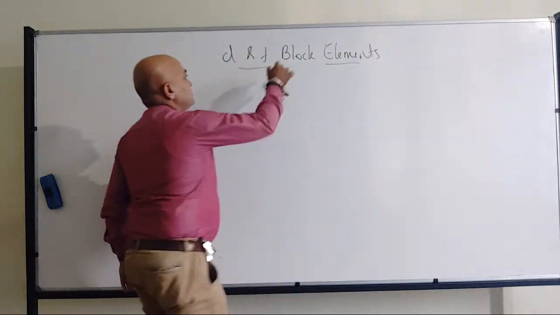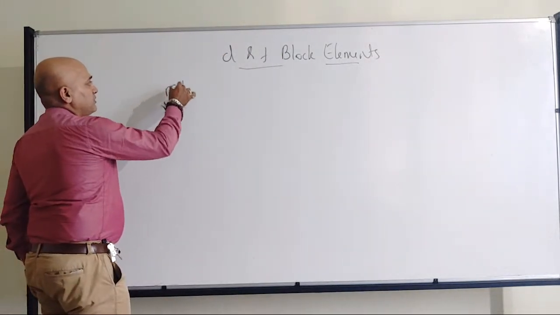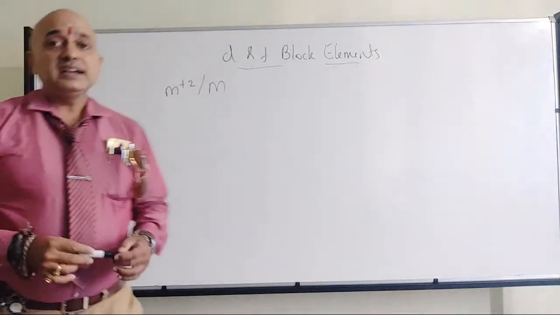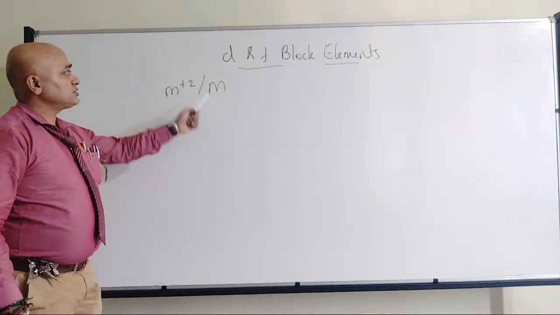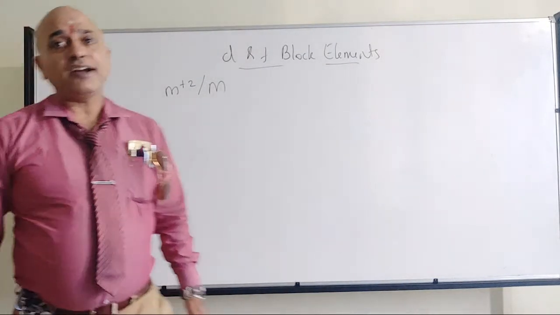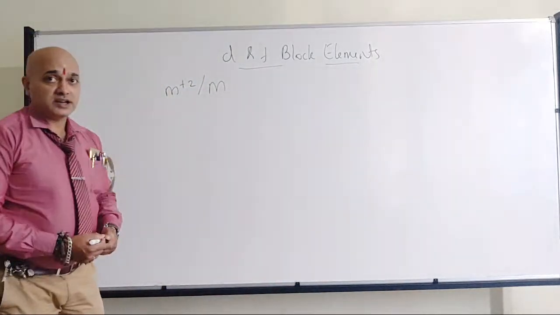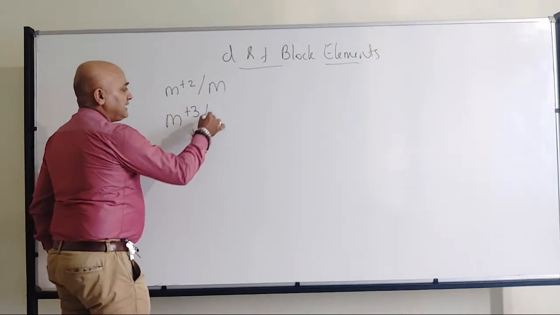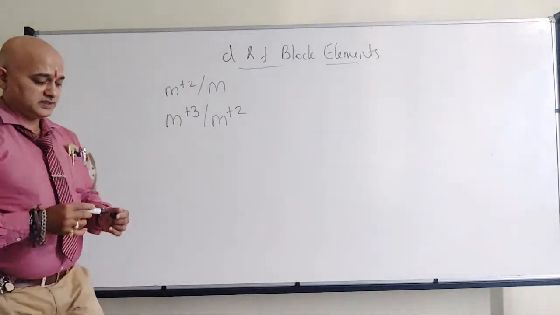In the last class we discussed the redox couple, formation of the redox couple, M plus 2 and M, where the ionic form has a plus 2 charge. Then we discussed M plus 3, M plus 2, a continuation of this.